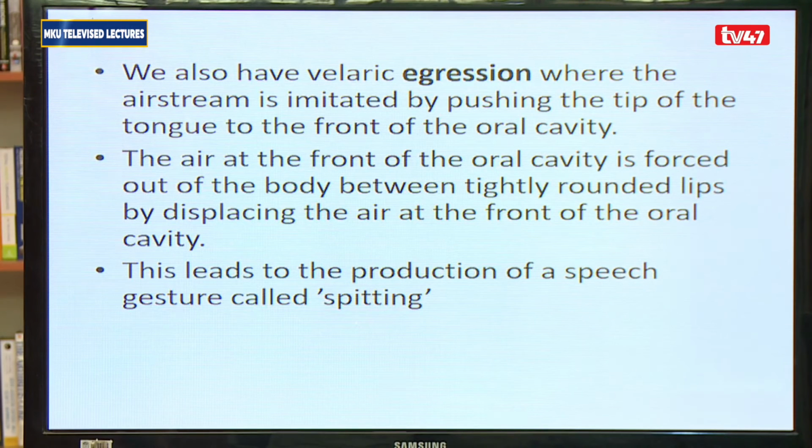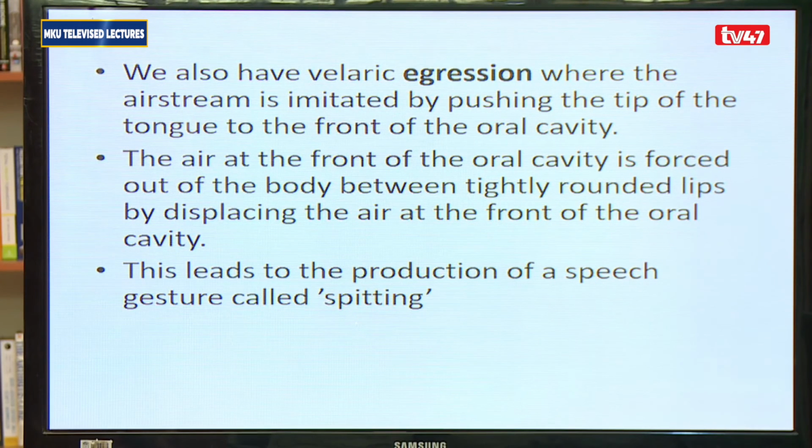Let me repeat that. The air at the front of the oral cavity is forced out of the body between tightly rounded lips by displacing the air at the front of the oral cavity. So when this takes place, it leads to the production of a speech gesture called "spitting."